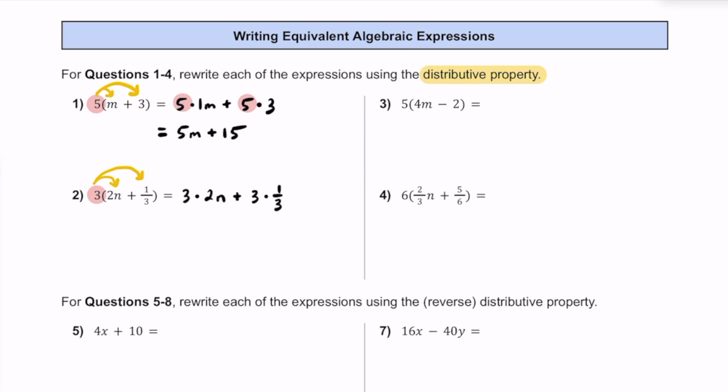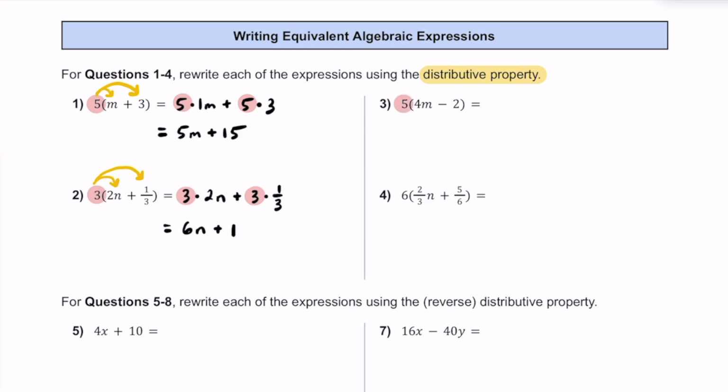So we're taking the 3 and multiplying by both terms on the inside of the parentheses. Now, if you multiply 3 by this 2n here, that's going to equal 6n. And then if we multiply this 3 times 1/3, that's just going to be 3/3 or 1 whole. So this would be our most simplified expression here using the distributive property.